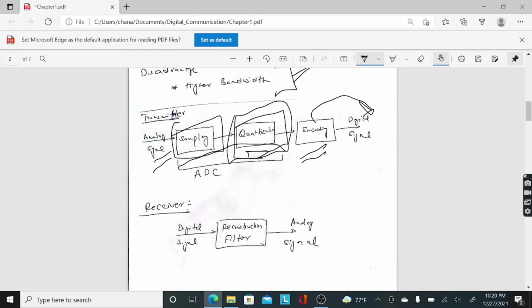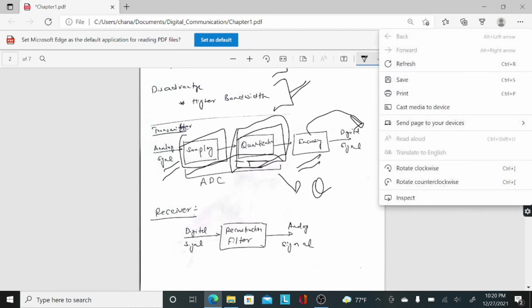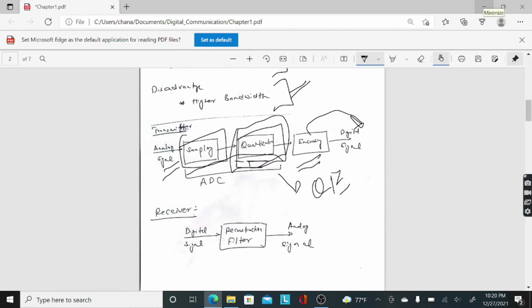Each sample is approximated to a predefined quantization level. Since you are doing some kind of approximation, it often introduces what we call quantization error. And then finally, each quantization level is encoded using a digital encoder, and the output is a digital signal. Then we do a lot of modulation and coding, and then finally it's transmitted.